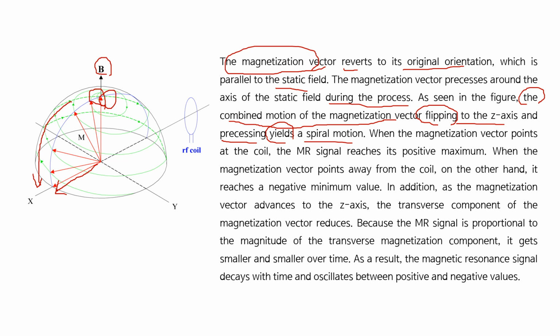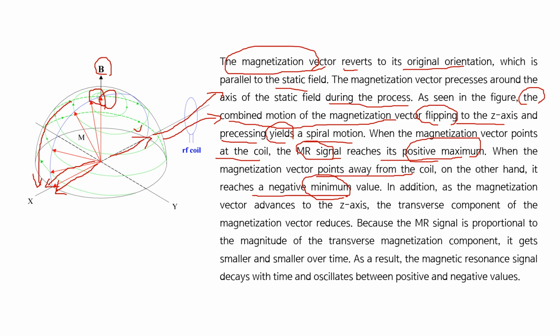When the magnetization vector points at the coil, as here, the MR signal reaches its maximum. This gives maximum flux change, so the signal will be a positive maximum at this position. When the magnetization vector points away from the coil, for example in this direction, it reaches a negative minimum value.